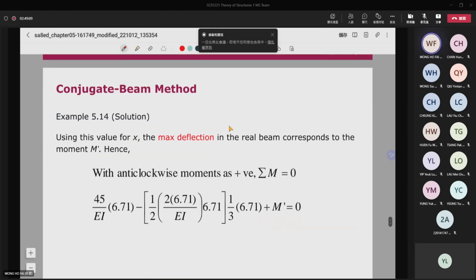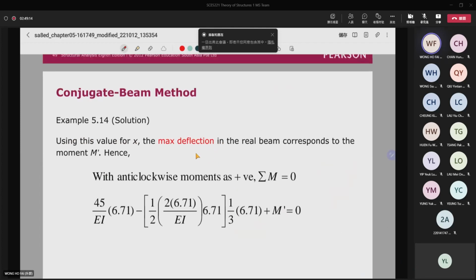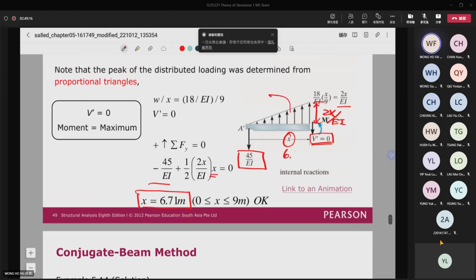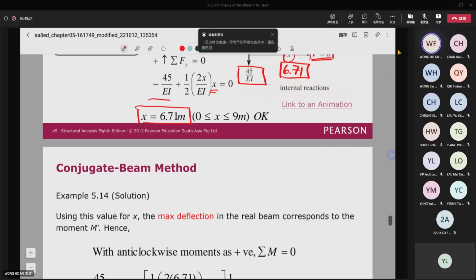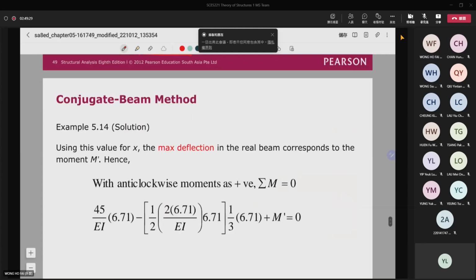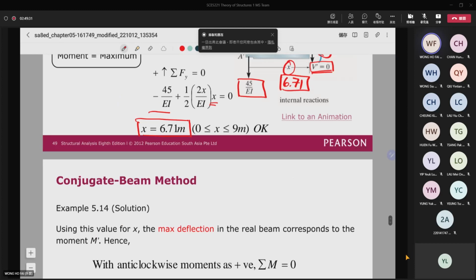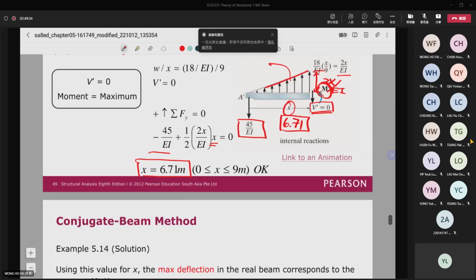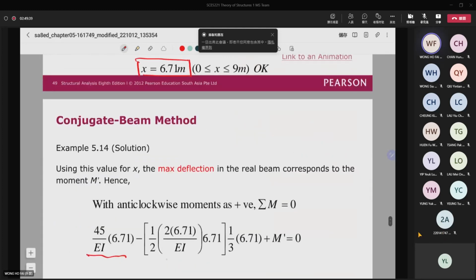Then you will try to find the moment at this location. Because you know that this distance is equal to 6.71. So you will find the moment at this location. So you have 45 over EI times this 6.71. And then you have this triangle. The area is equal to this one. This is the area of the triangle.